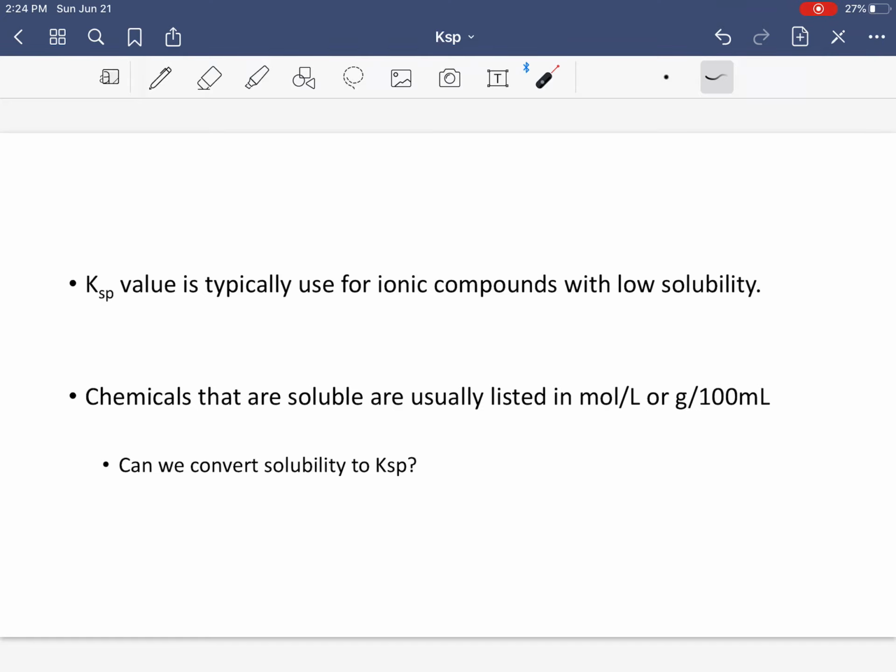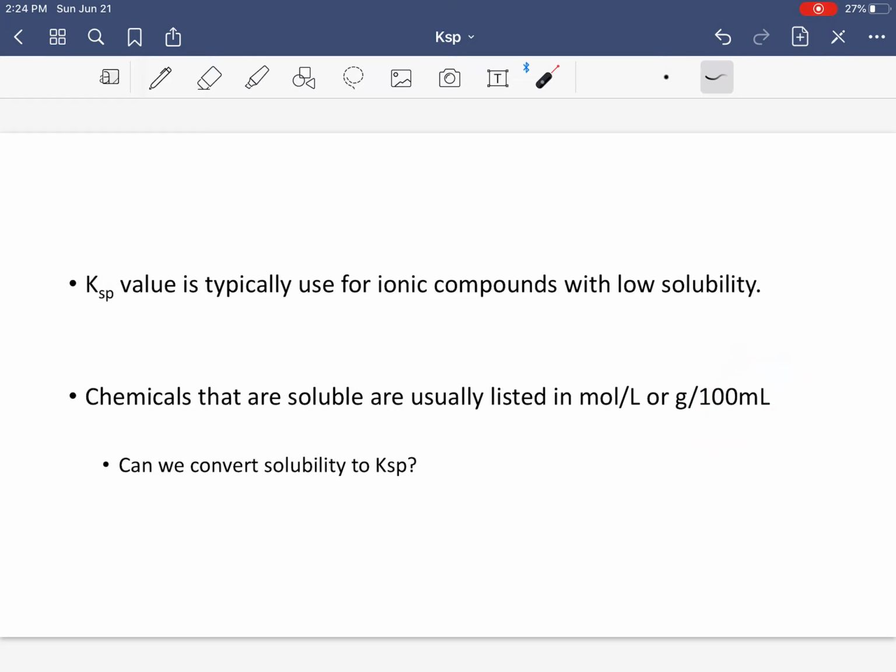Will it reach the point where, oh, no more NaCl can dissolve anymore? Or simply, for the general public, because not everybody knows about moles, you say mole, they think of rats or some sort of rodents, instead they use grams per 100 milliliters of solvent. Okay, how many grams of NaCl can dissolve in 100 milliliters of water?